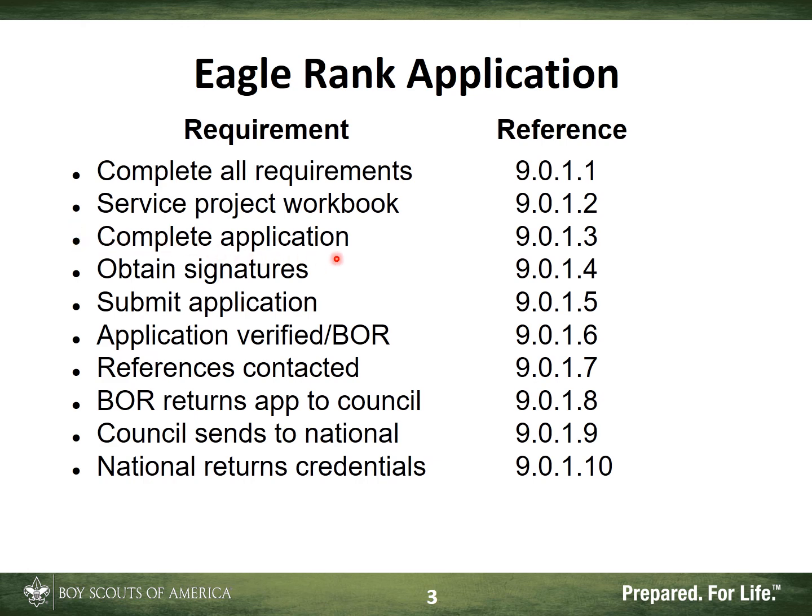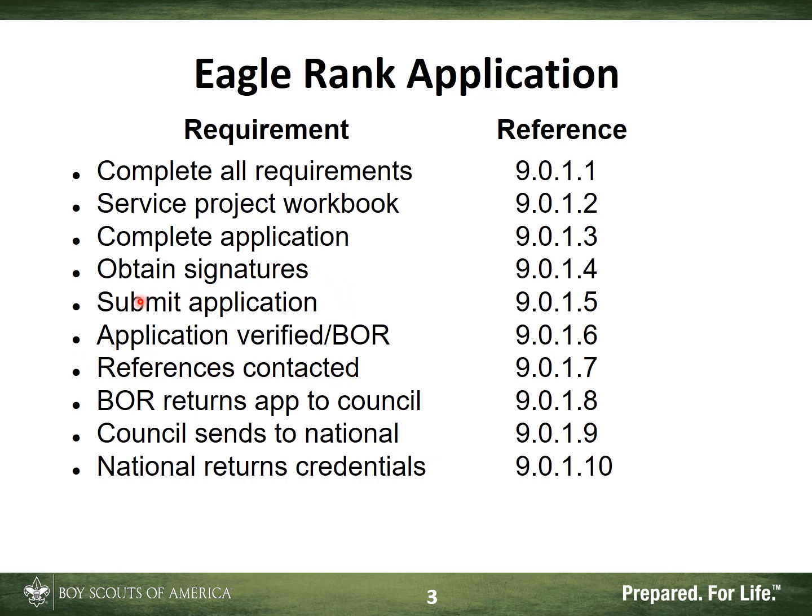He completes the application. The scout obtains the signatures for the application and the workbook. He submits the application and the workbook to the district verifier, who then checks it and makes sure everything is there. It goes to a board of review who looks at it, who then holds an Eagle Scout board of review.